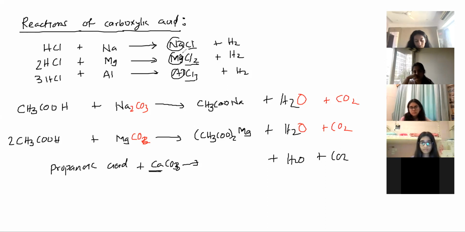Anika, you are not attentive. First word is the name of the metal, the metal used, and the second word depends on which acid it is. Hydrochloric acid has the chloride. So the first word will be calcium because the metal is calcium, and because it is propanoic acid, the anion will be propanoate. So calcium propanoate plus water plus carbon dioxide. Okay.